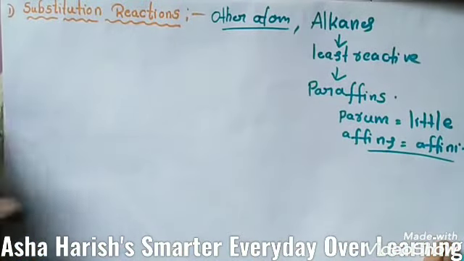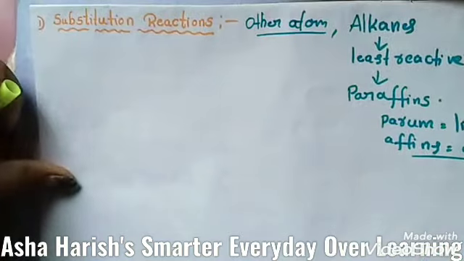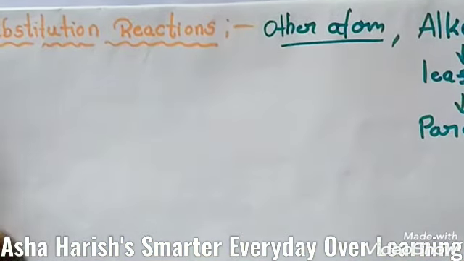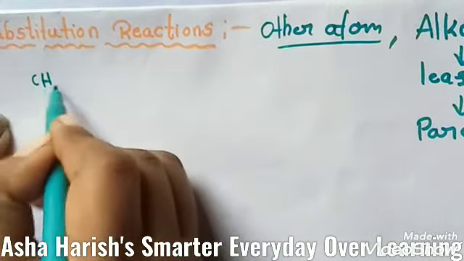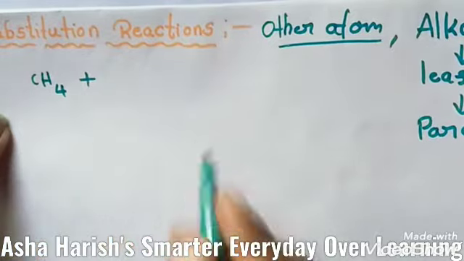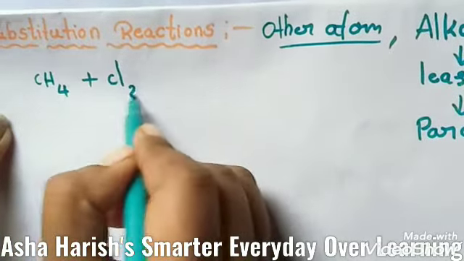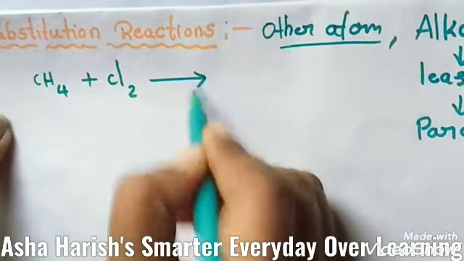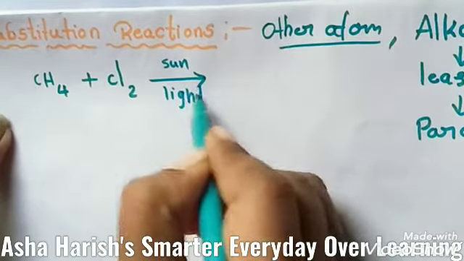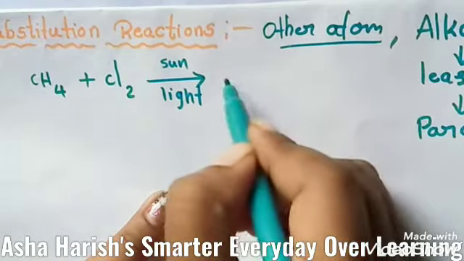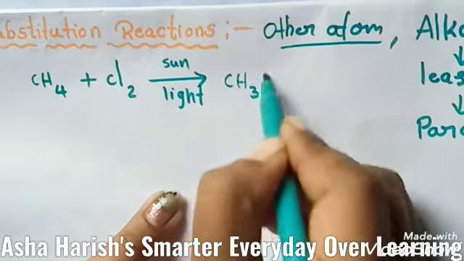For example, methane is the best example here, which reacts with chlorine. Here students, CH4 is the methane formula, plus if you add chlorine, Cl2, in the presence of sunlight, what should be formed here?